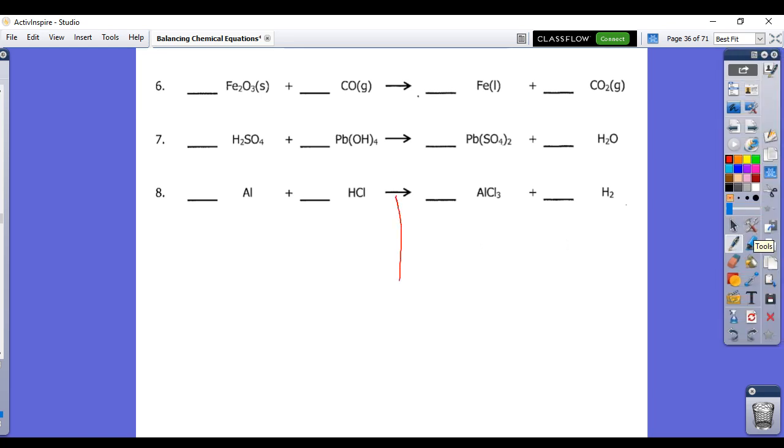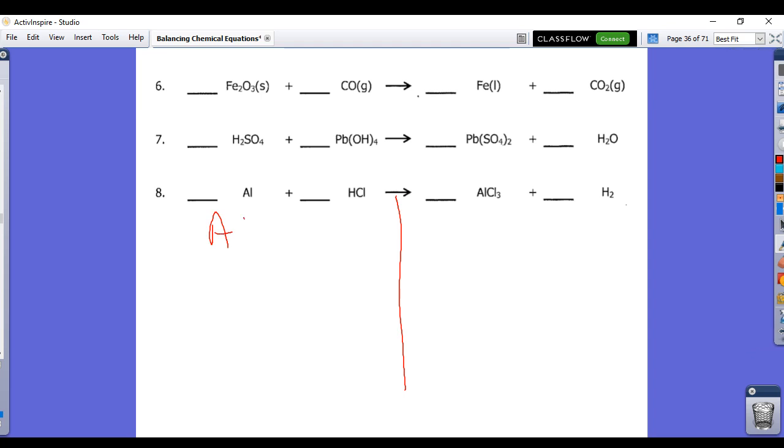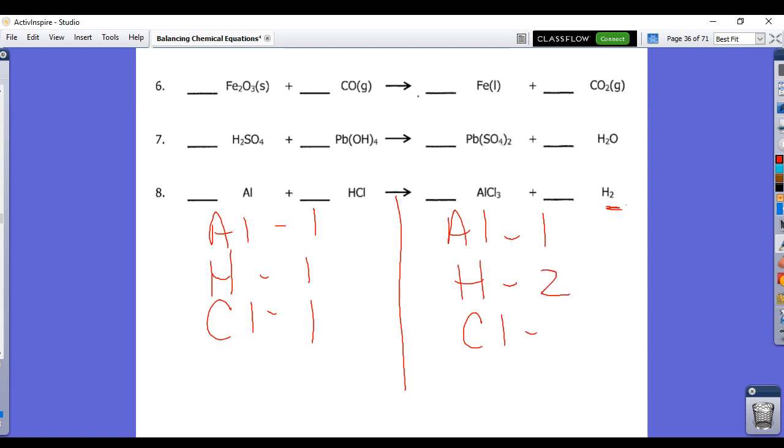So let's count our atoms. Aluminum, hydrogen, chlorine, aluminum, hydrogen, chlorine. So aluminum is 1, hydrogen 1. Over here we have 1 aluminum. There's a 2 after the hydrogen. There's a 3 after the chlorine.